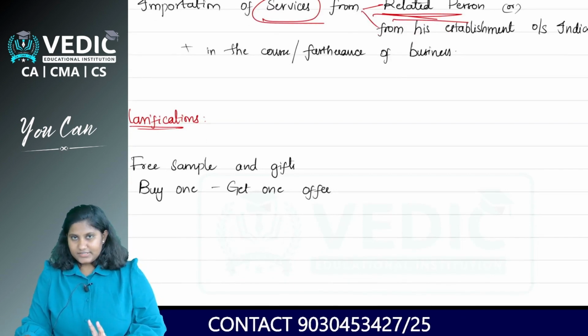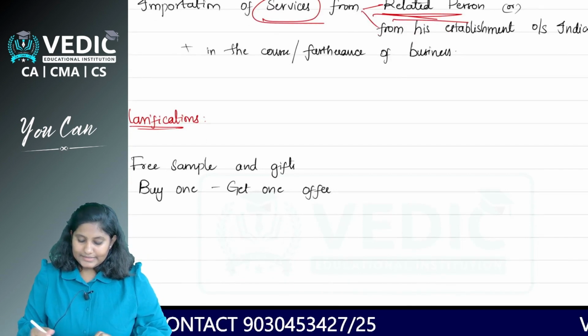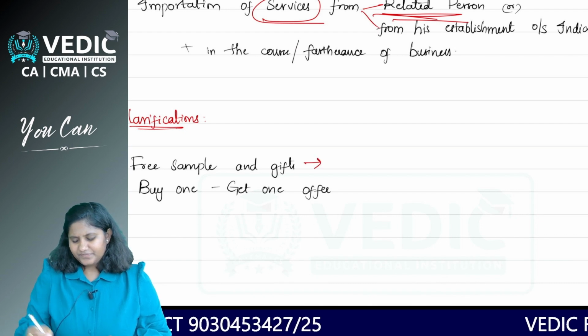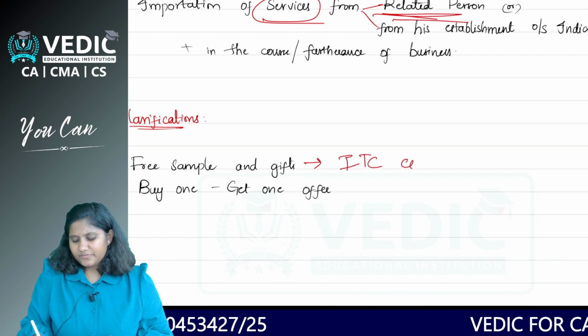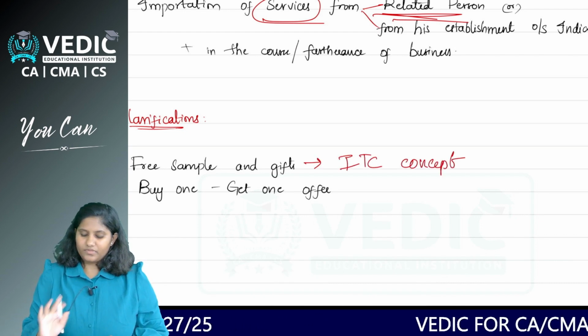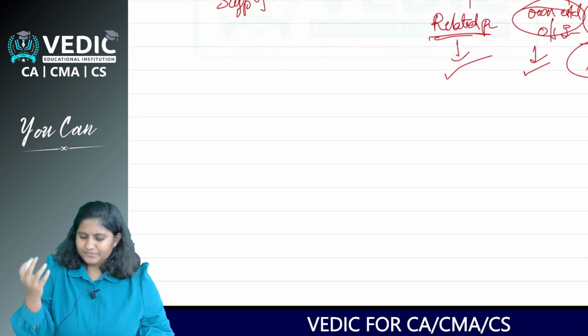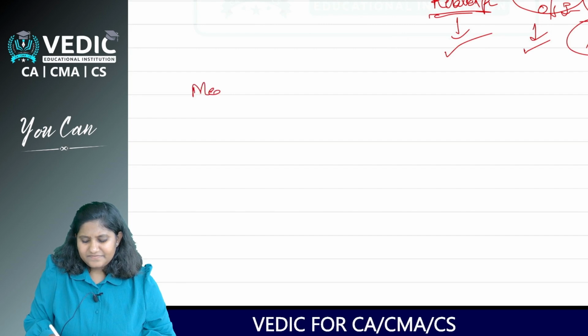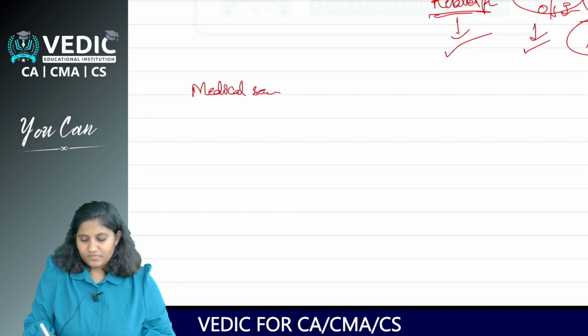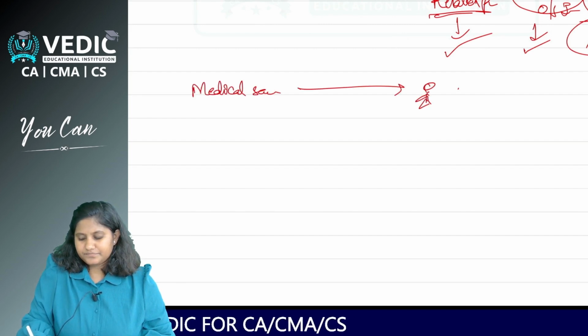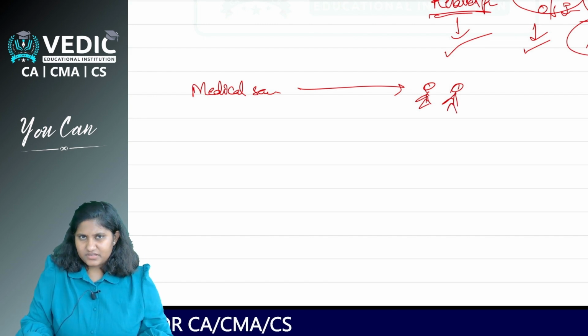Some clarifications are given by ICAI on free samples and gifts. Here also the ITC concept will be used. Normally, medical people and others give free samples to all persons, free, without consideration.